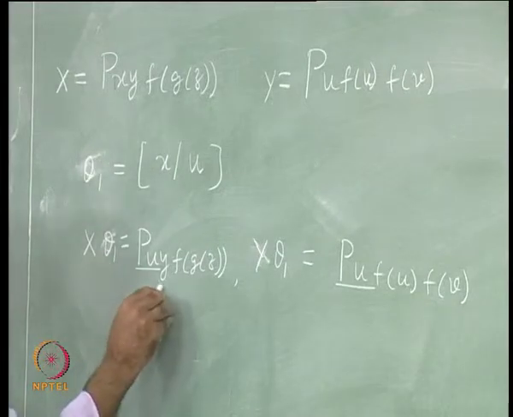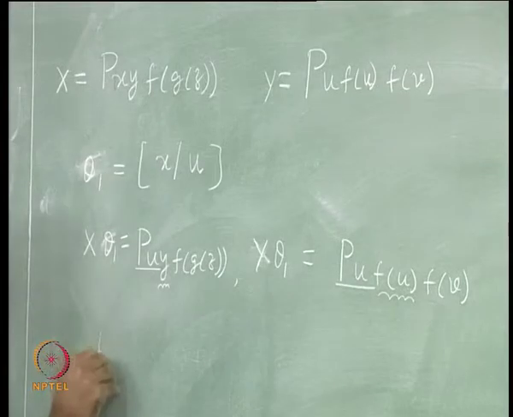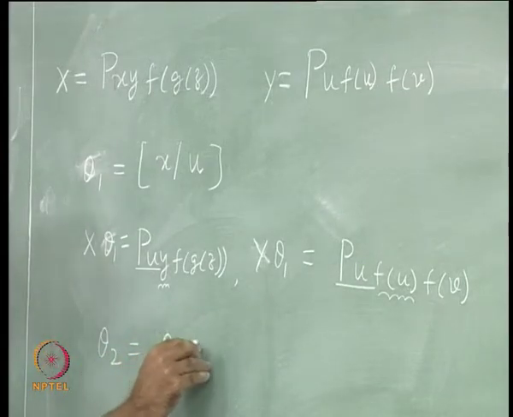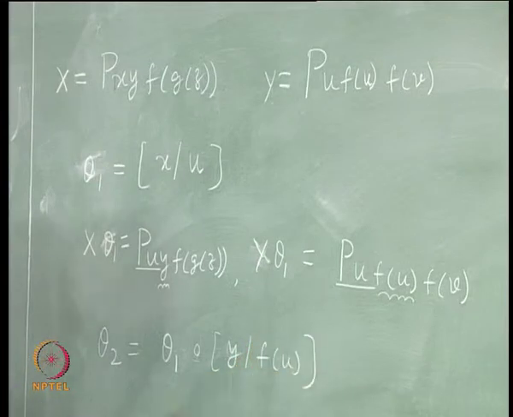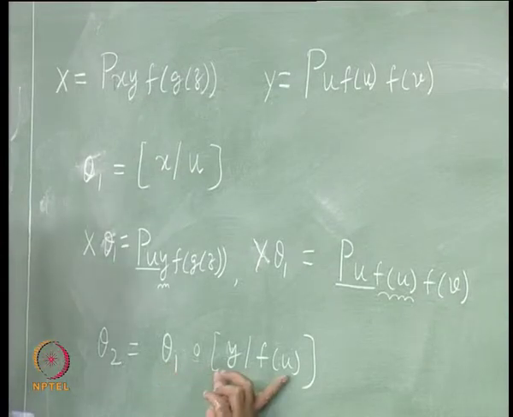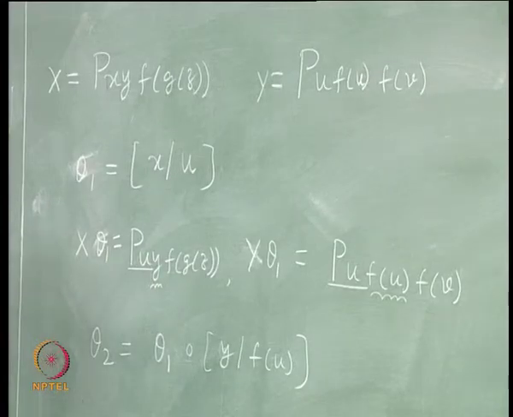Now again a mismatch is occurring, y, and here is a term f of u. So I take theta 2 equal to theta 1 composed with y by f of u, right. So ultimately what I have to do, this y over f of u will be applied on my earlier computed formulas, okay.